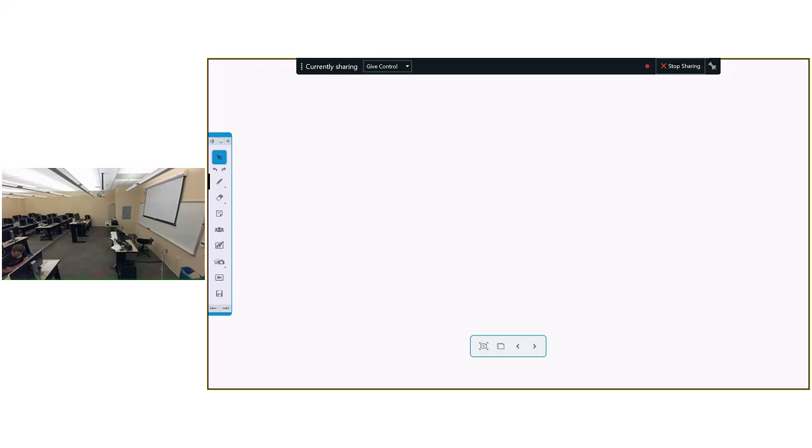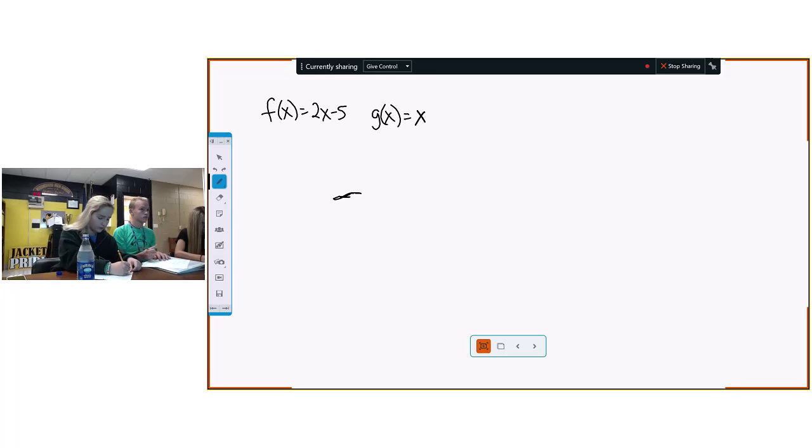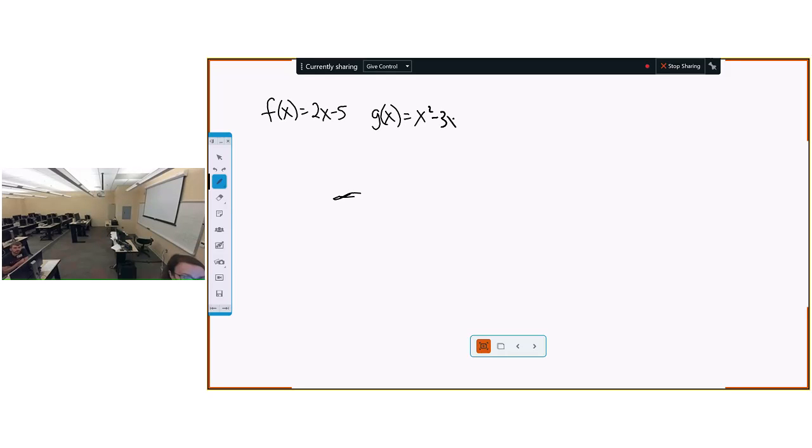So I'm going to rewrite it here. f of x is 2x minus 5, and g of x is x squared minus 3x plus 8.